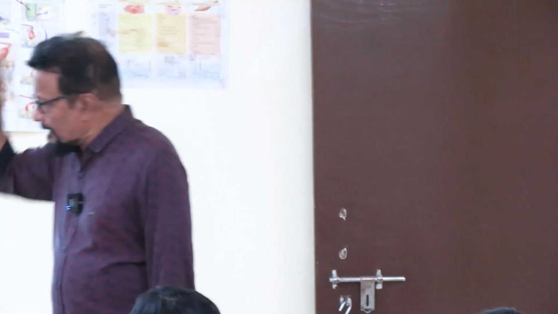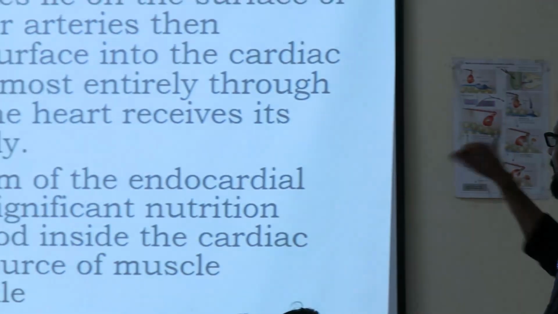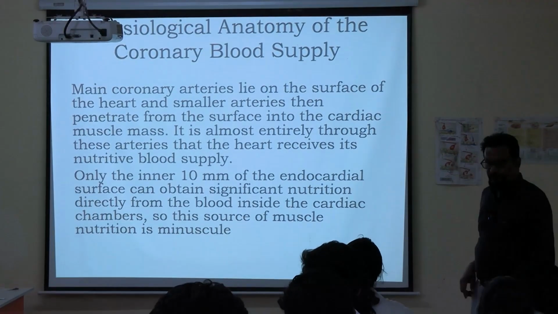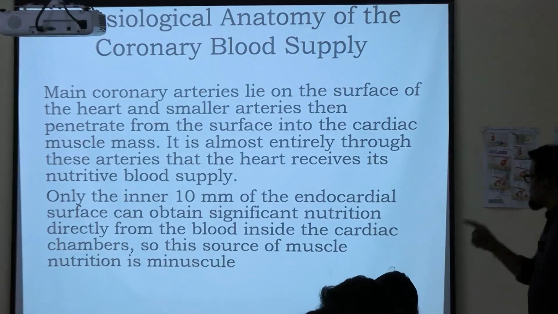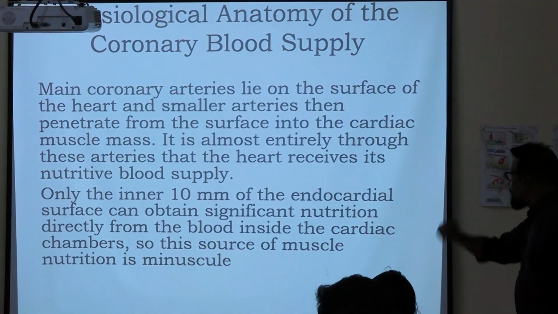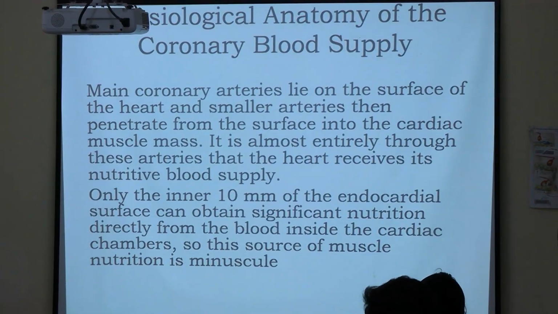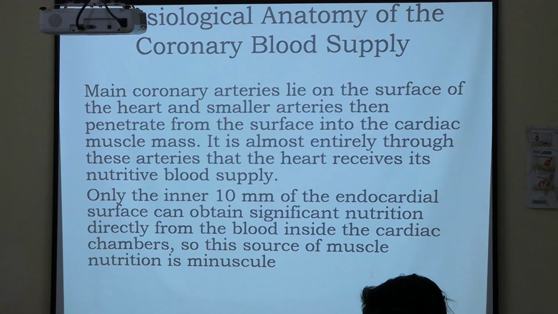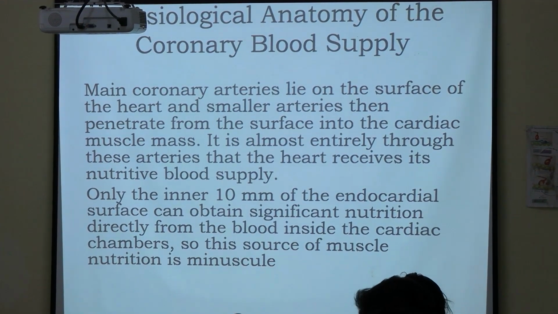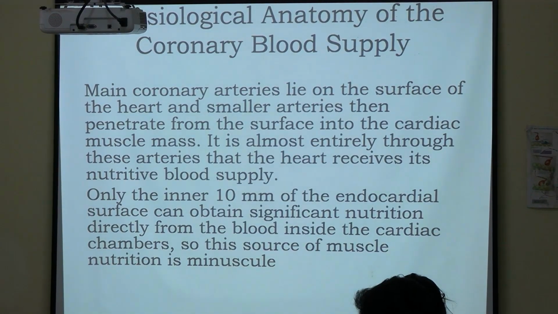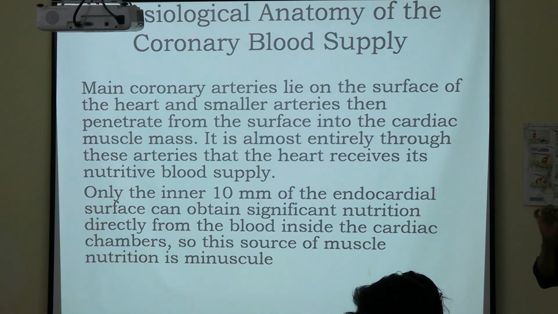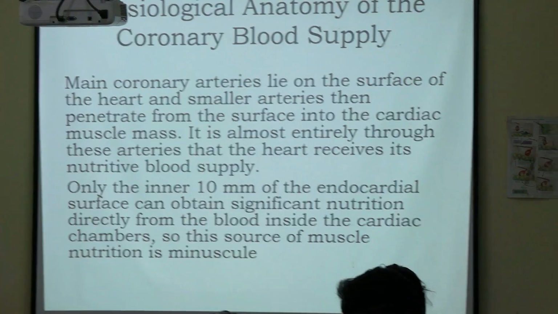So for that purpose, it has developed certain changes to cope with the situation. Number one, the innermost 10 mm layer of the endocardial surface can obtain significant nutrition directly from the blood. Here is the blood, so they can take their required oxygen and nutrients directly from there. Only this much, a very small thickness.